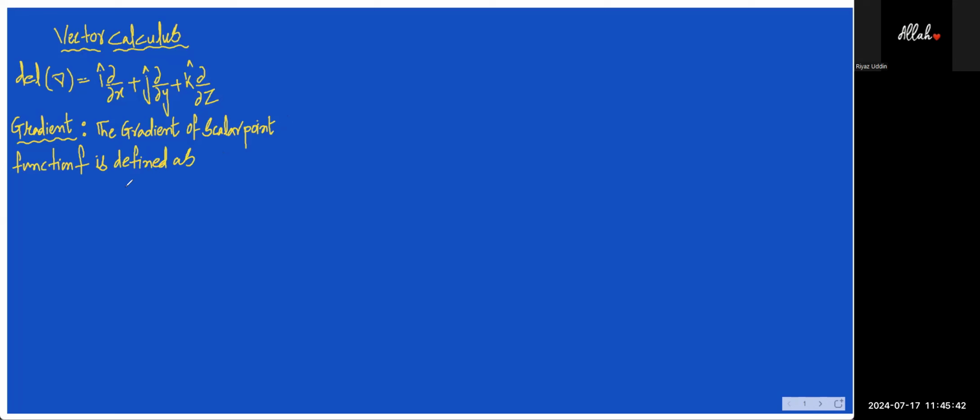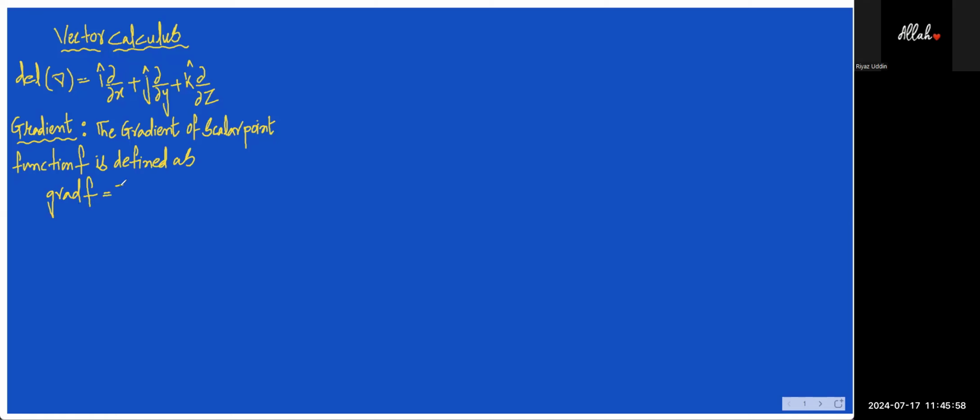Look at how we are going to find the gradient, which is denoted with grad of f. If the function is f then take f, or if it is phi then take phi.